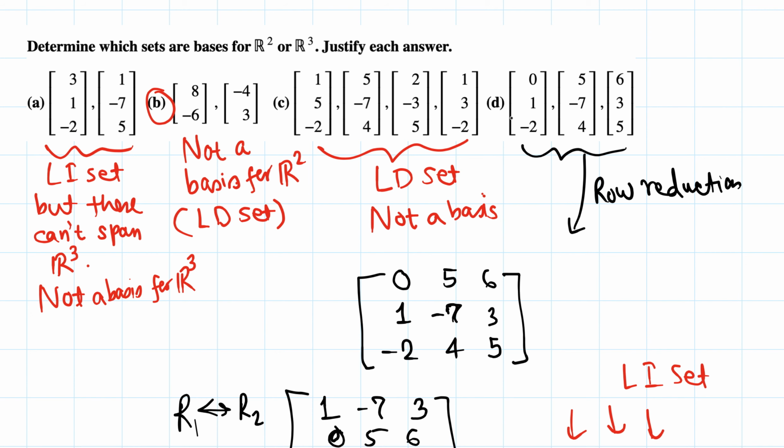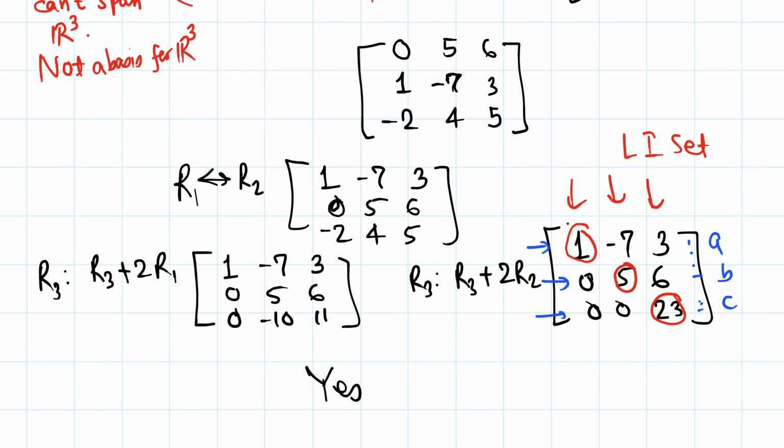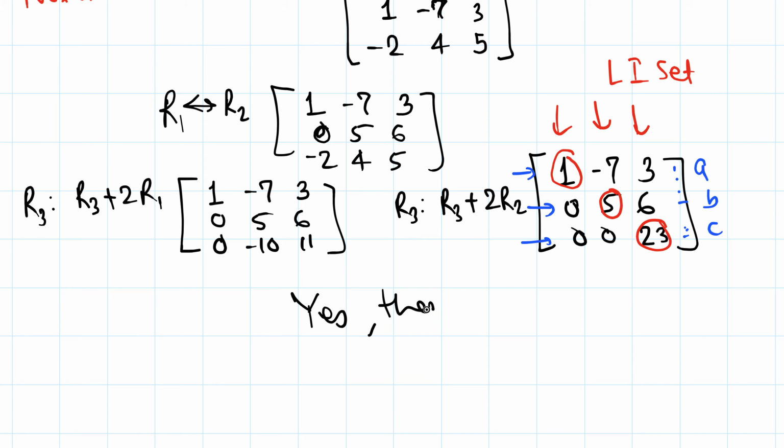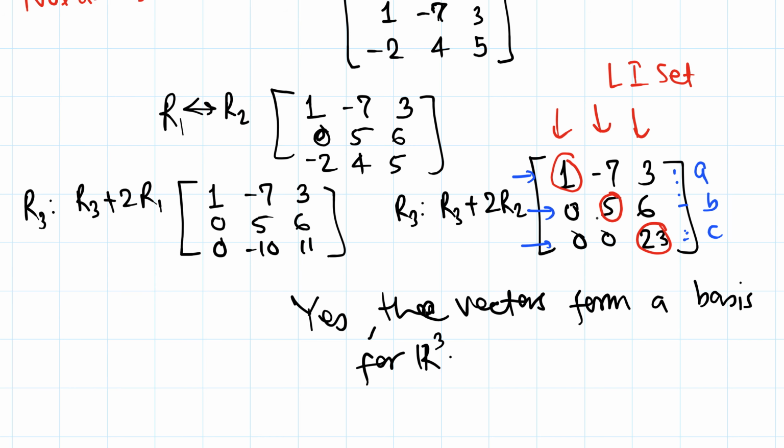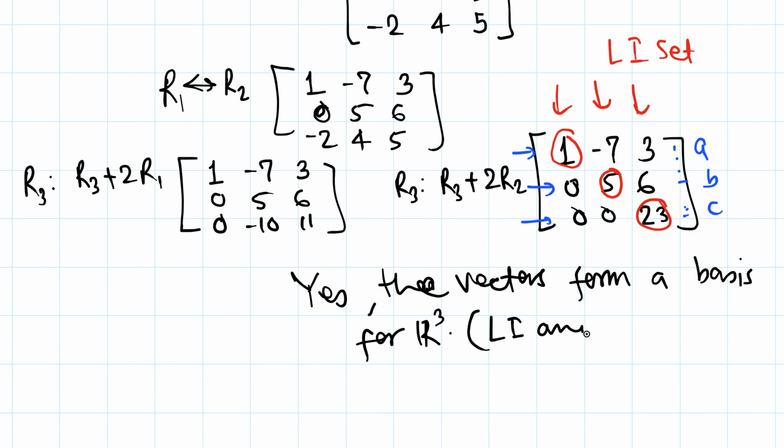These vectors form a basis for R3 because they are linearly independent and they span R3. Linearly independent because each column has a pivot. They span R3 because we need 3 rows, and there are 3 rows with pivots. Okay, final.